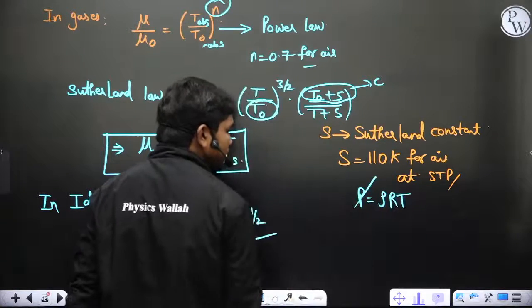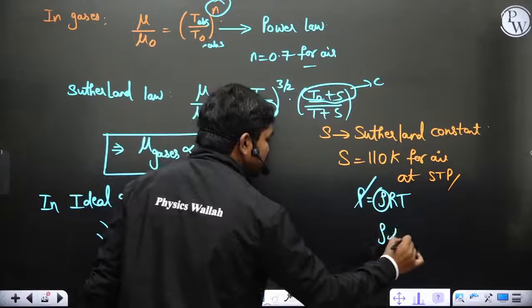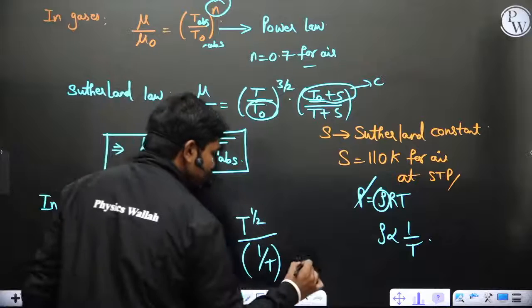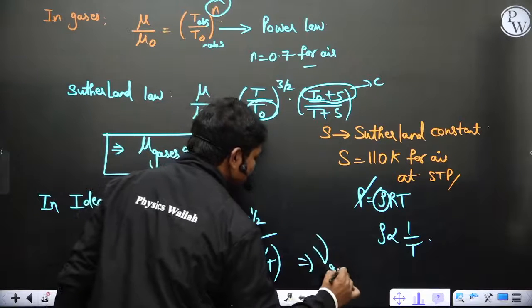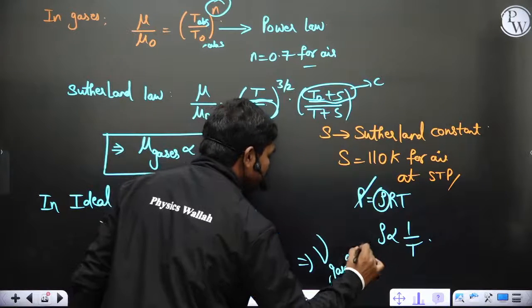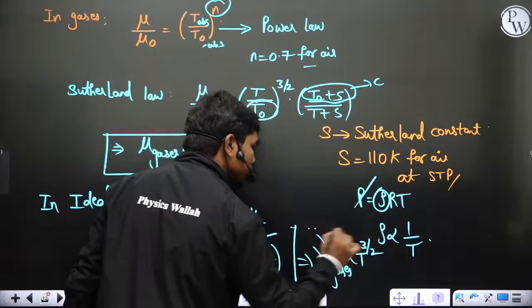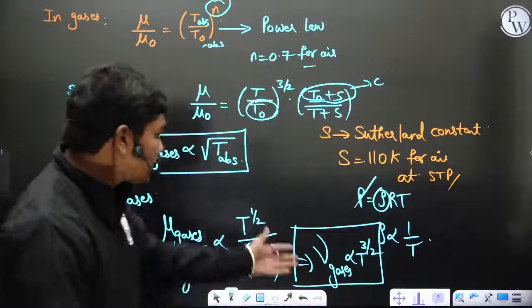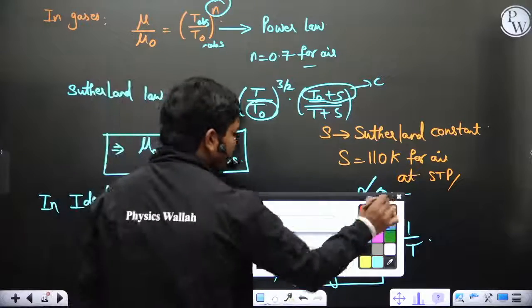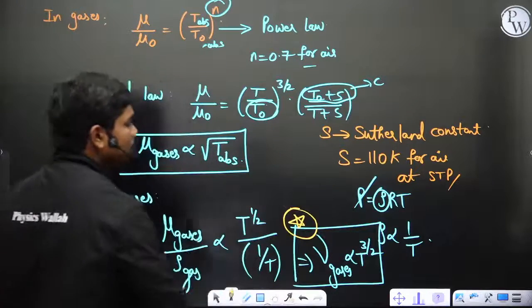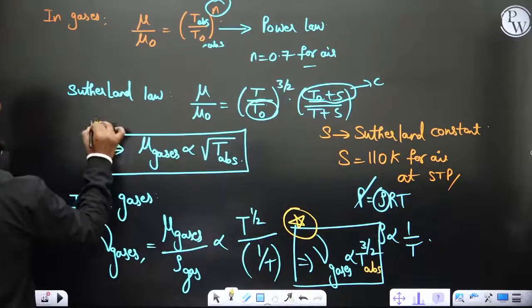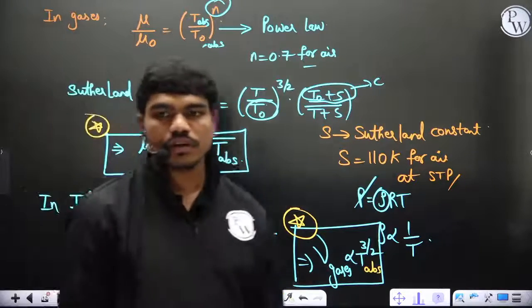So at a particular pressure, rho is inversely proportional to temperature, so 1 by rho is proportional to T. This implies the kinematic viscosity of gases is proportional to T power 3 by 2. Clear? There is one PYQ on this. So kinematic viscosity of gases depends on T power 3 by 2, absolute, while dynamic viscosity depends on T power 1 by 2. Clear to all of you?